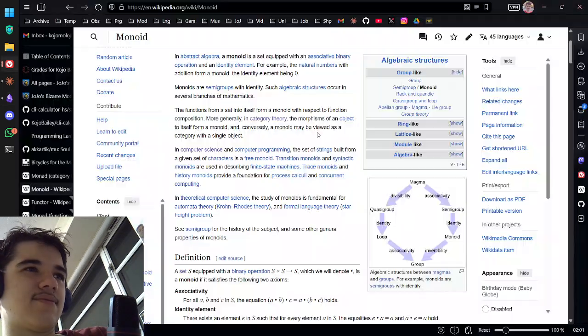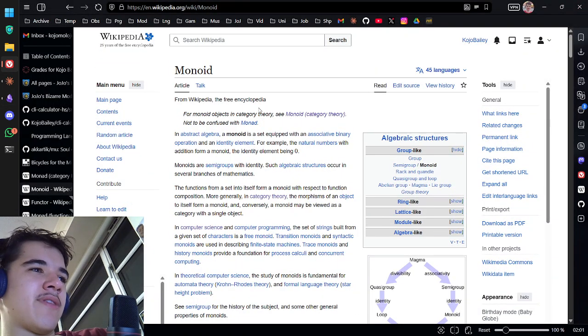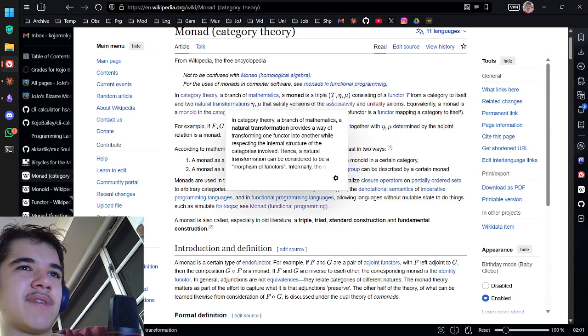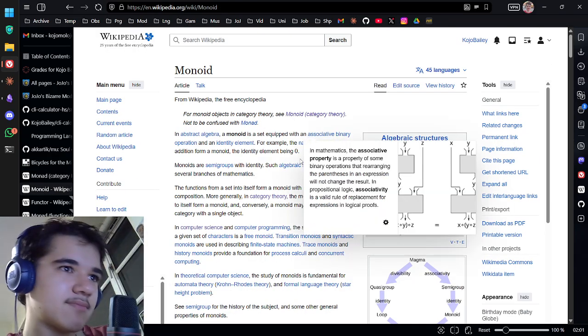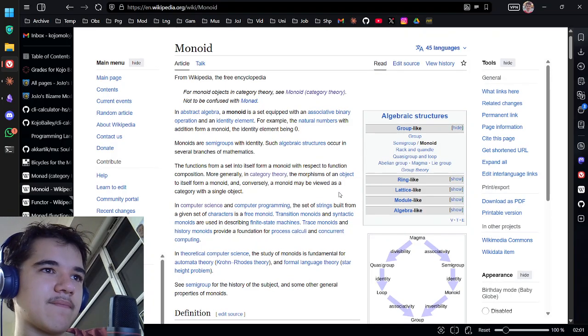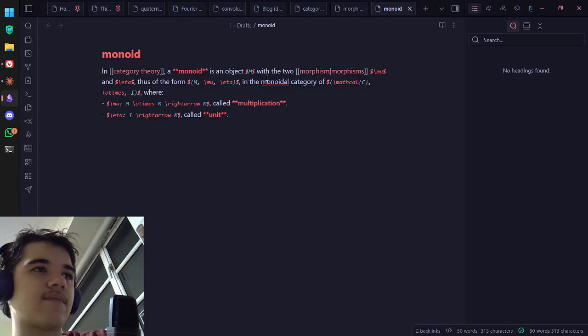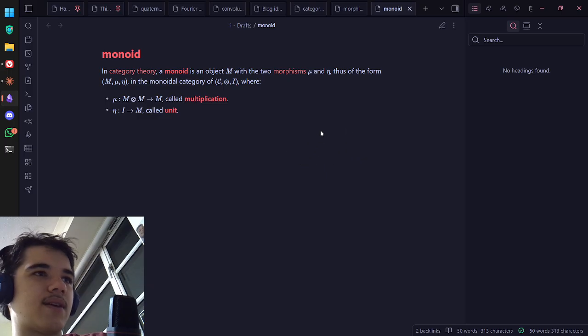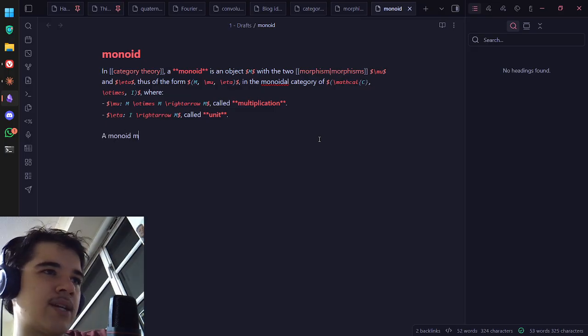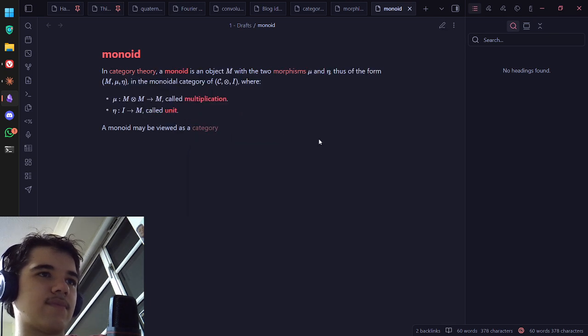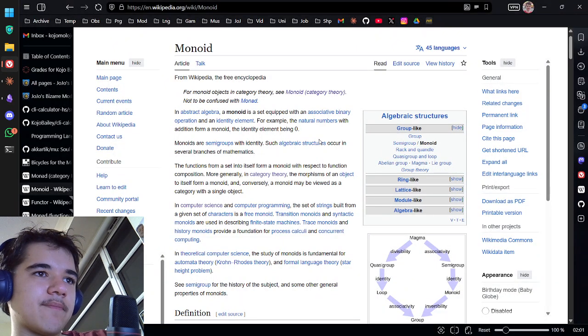What the hell? I talk about things not being split across multiple pages, but what is this? Okay. So a monoid may be viewed as a category.